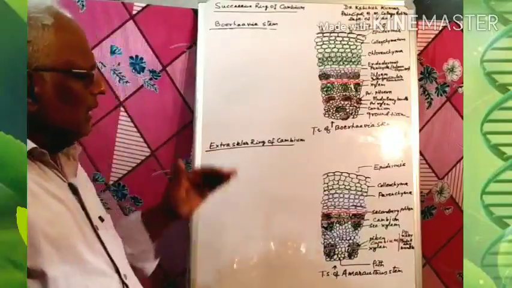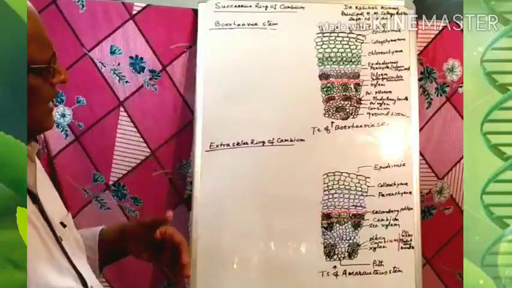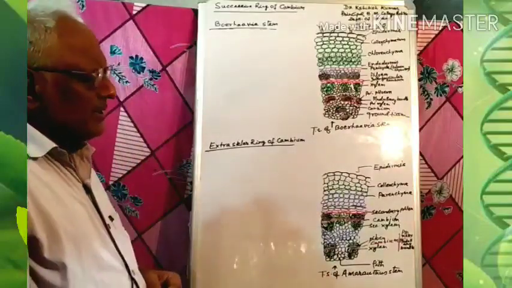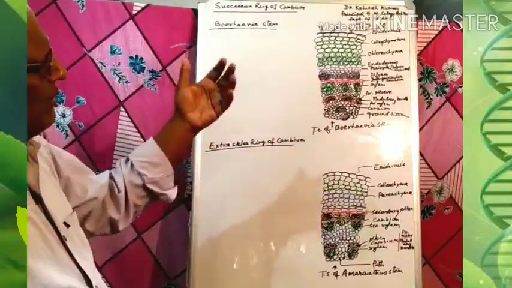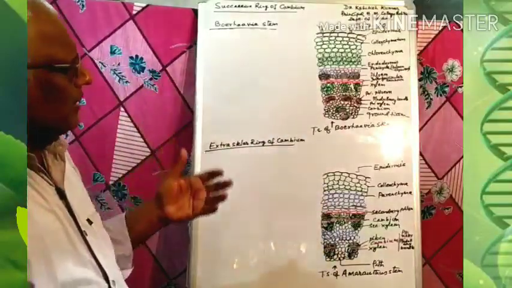In the lower cortex the cells are of chlorenchymatous type, and upward the cells of the cortical region are collenchymatous.